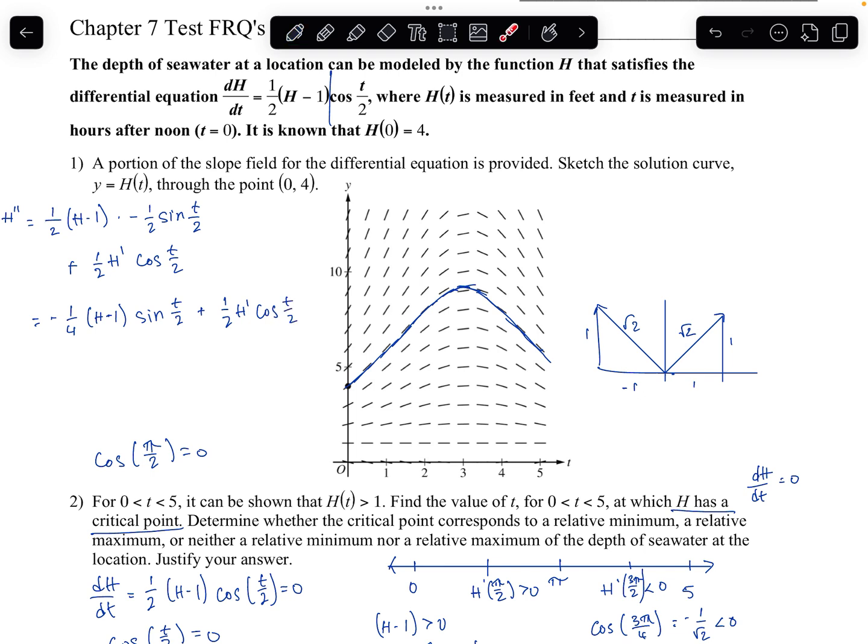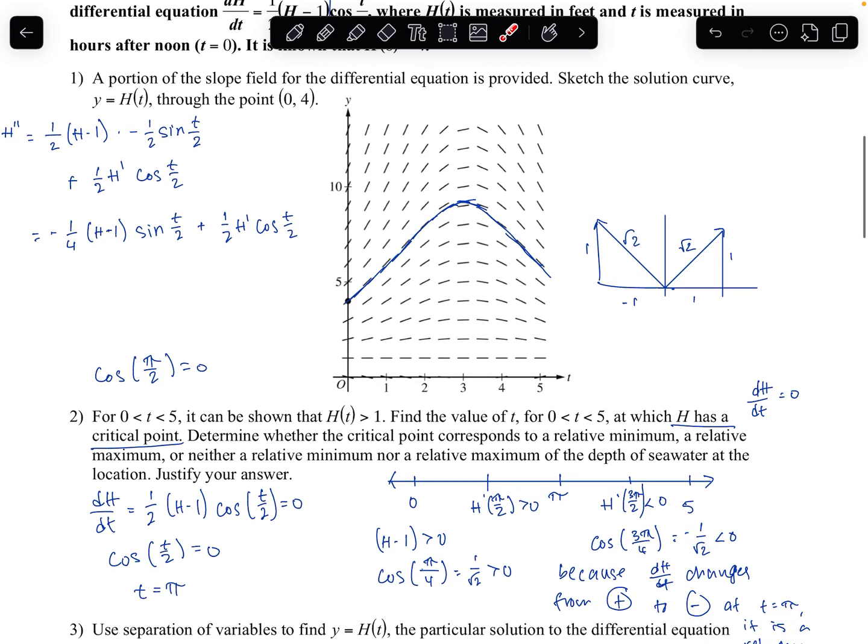So the thing is, we're plugging in for the h double prime. I don't think we have to plug in necessarily anything for h, but we're plugging in pi for t, and h minus 1 is going to be positive.